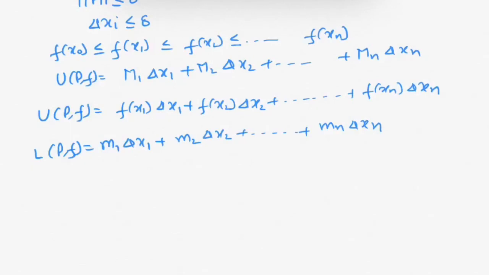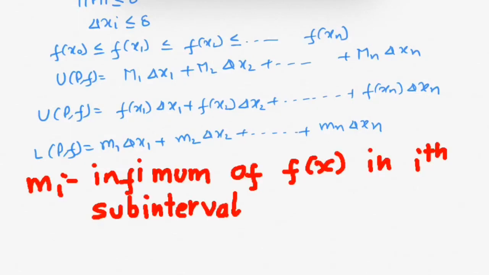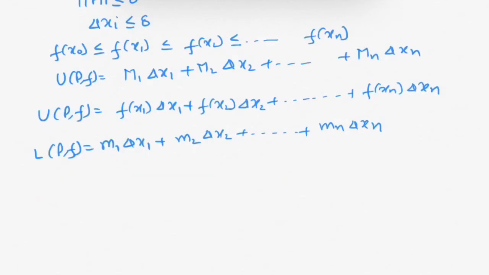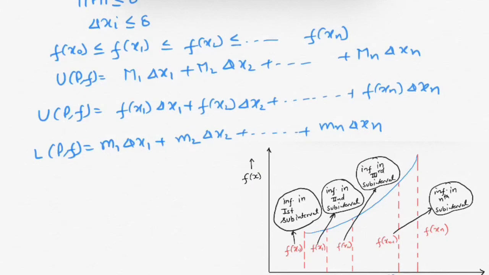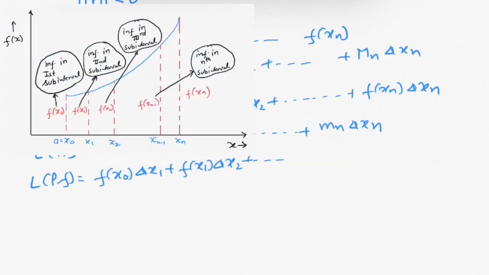And here small mi's are the infimum of the function in the ith subinterval. The infimum of the function in the first interval will be f(x0) and in the second interval will be f(x1) and so on. Now putting the value of the infimum, L(P,f) equals f(x0) delta x1 plus f(x1) delta x2 and so on, f(xn-1) delta xn.